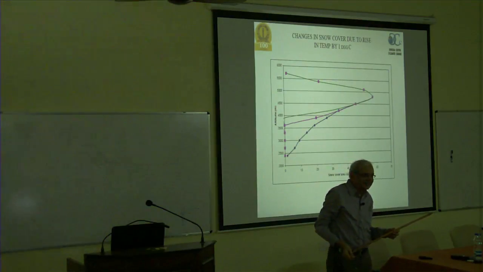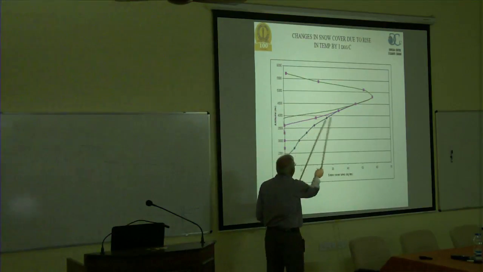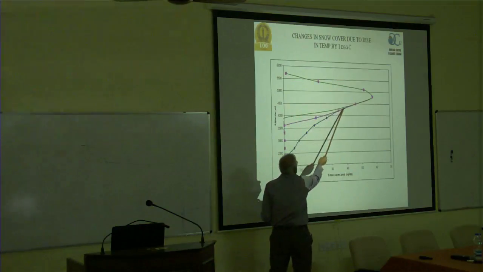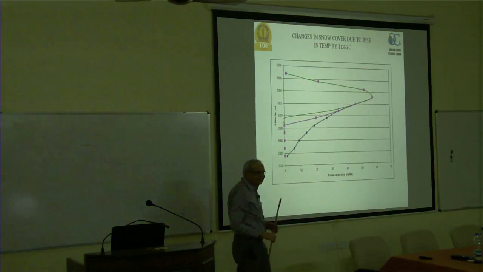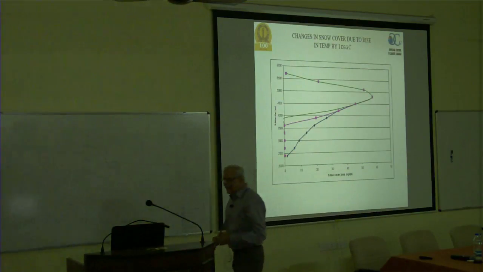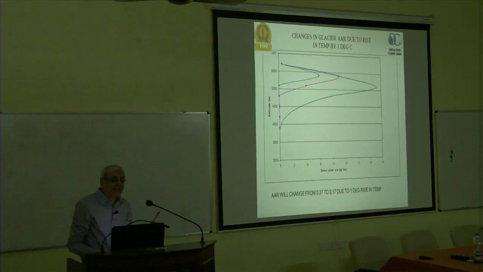Clear? Now, by 1 degree rise in temperature, you just add the lapse rate, and you get the new change in area altitude distribution. So you will get the idea of how snow is going to change.